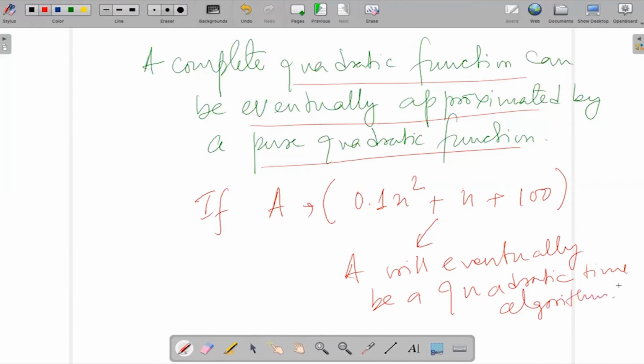Because as we have seen from the table, the difference between 0.1 n square and 0.1 n square plus n plus 100 diminishes as the value of n increases. So therefore A will eventually reduce to a pure quadratic time algorithm.